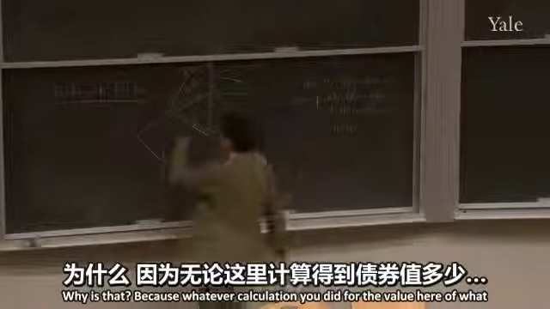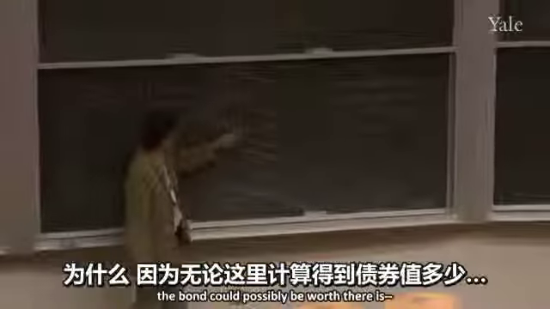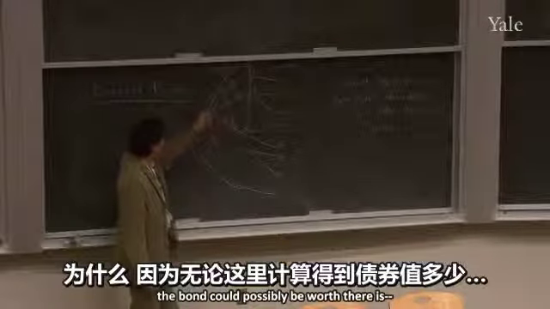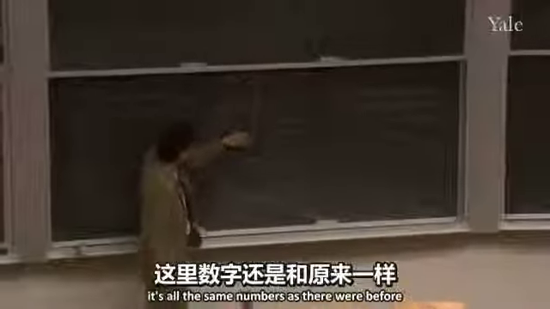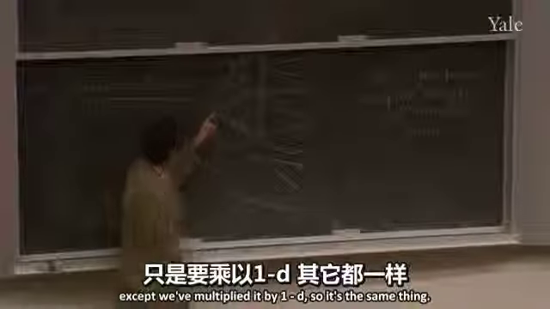Why is that? Because whatever calculation you did for the value here of what the bond could possibly be worth, it's all the same numbers as there were before, except we've multiplied it by 1 minus D. So it's the same thing.